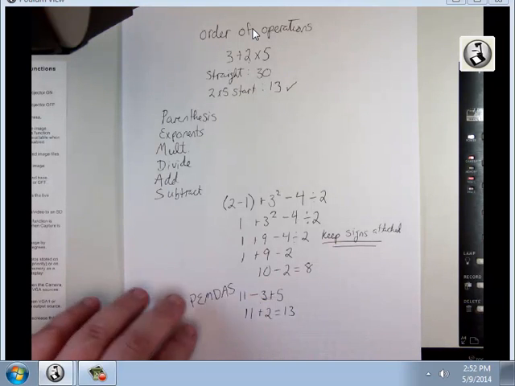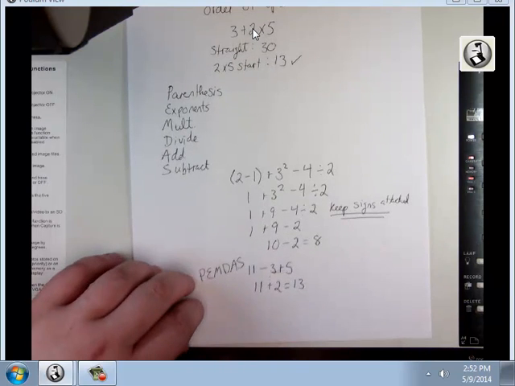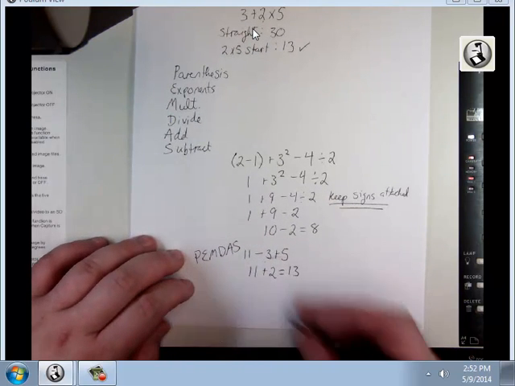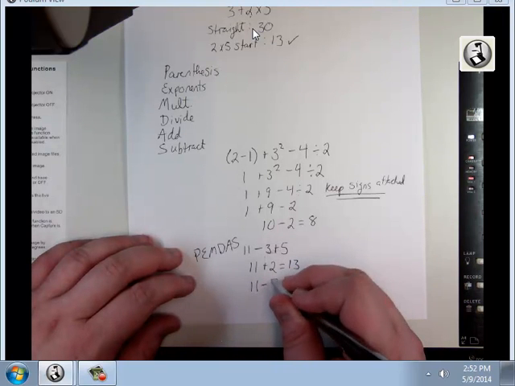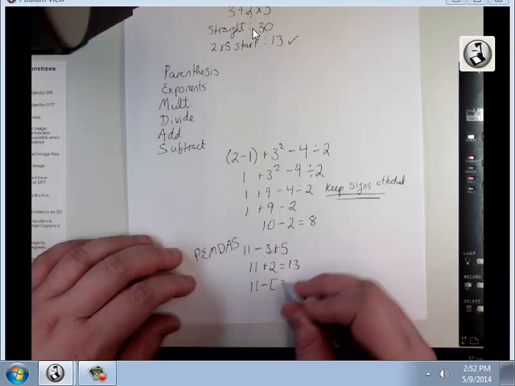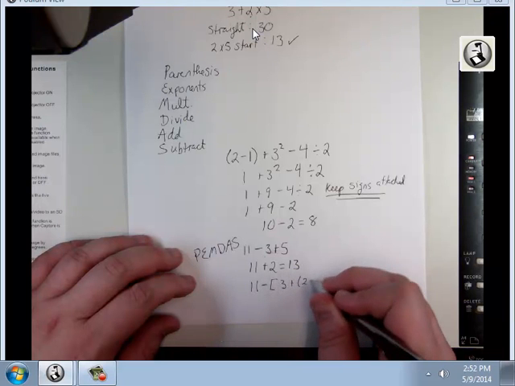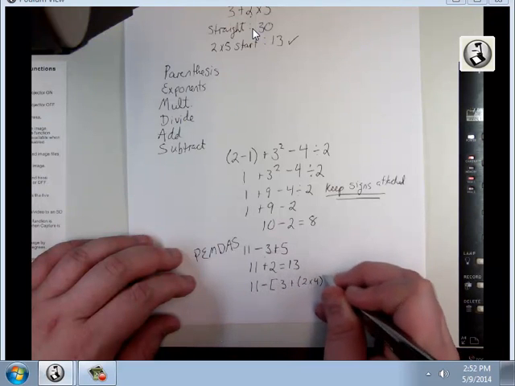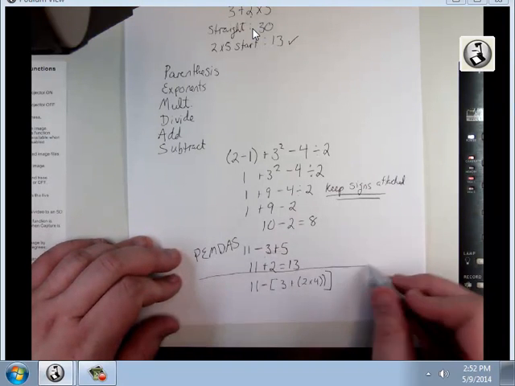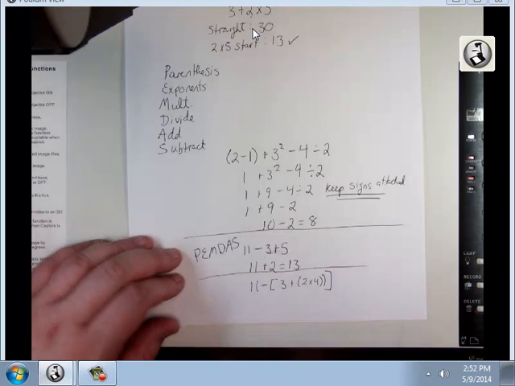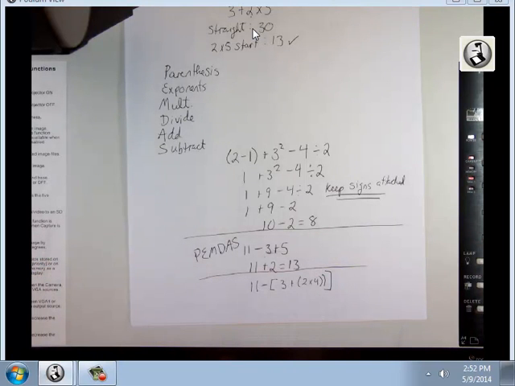Now, real quickly before we leave PEMDAS behind, 11 minus 3 plus 2 times 4. So I'm going to just separate these real quick. I've got 2 sets of parentheses. Where do I start?